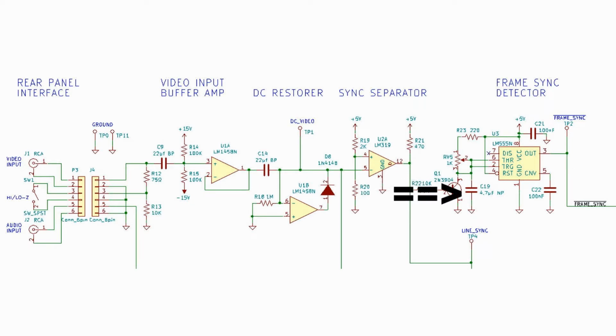You'll note that it is connected to RV5 and R23, and when the transistor is switched off, the capacitor begins to charge. As long as a sync pulse comes in before the charge reaches the threshold level on pin 6 of the 555, which is 1/3 of the 5-volt supply, then nothing happens. The 555 does not switch.